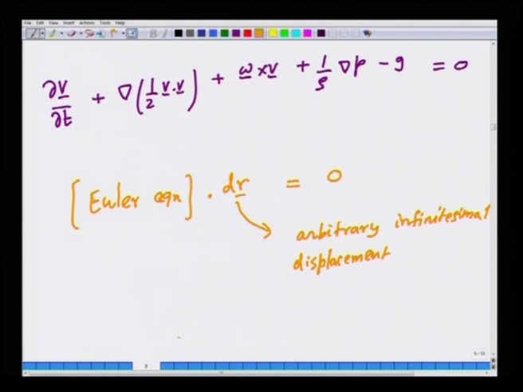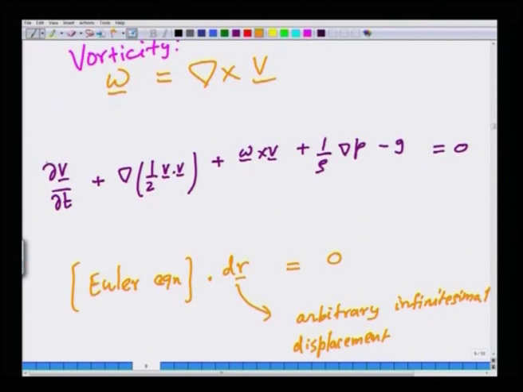Okay. It is a vector. Now, in order to simplify, we will write this entire equation dotted with dr is 0.